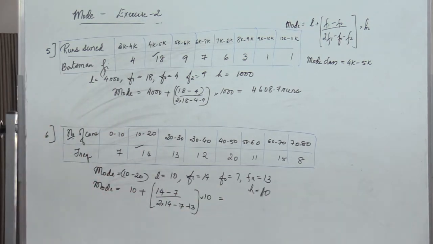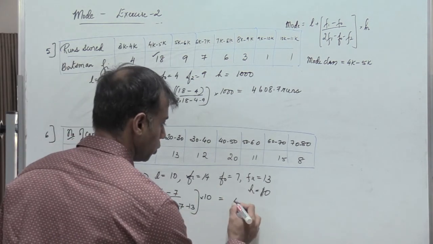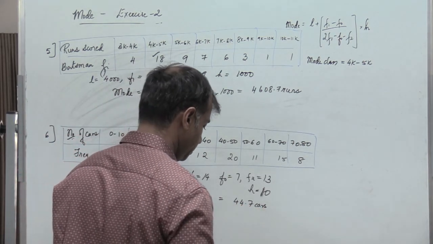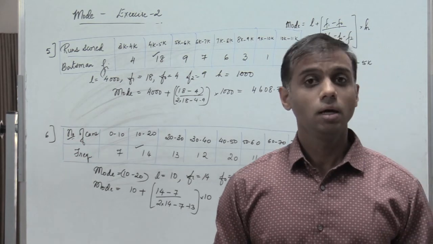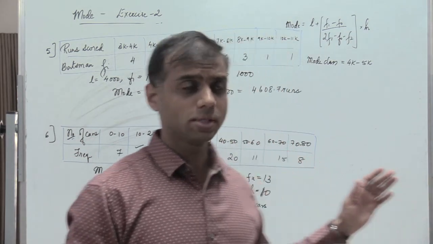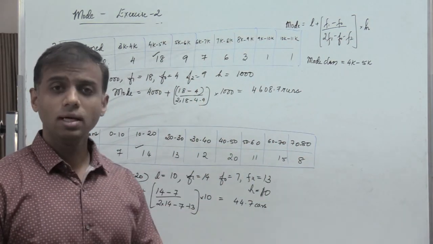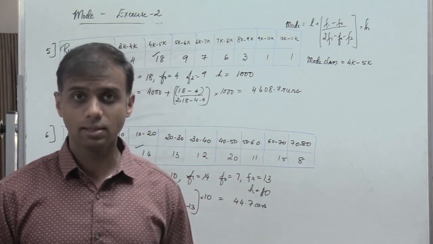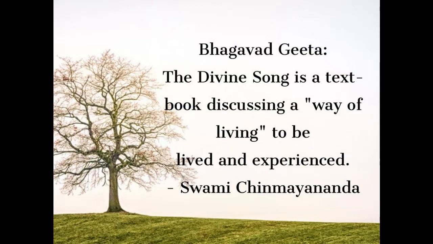So we get the mode value as 44.7 cars. In this lecture session, we have solved all the problems given in the second exercise, and in the next lecture, we shall see how we can calculate the median of grouped data and then solve the problems given in the next exercise.